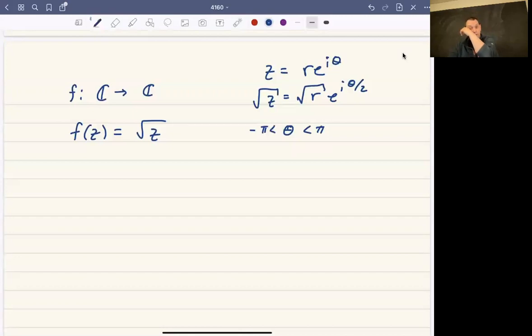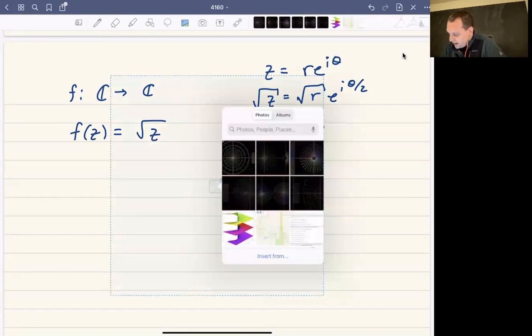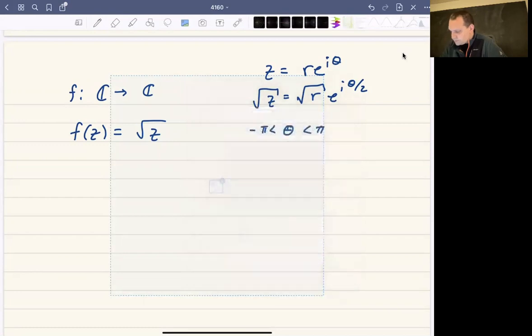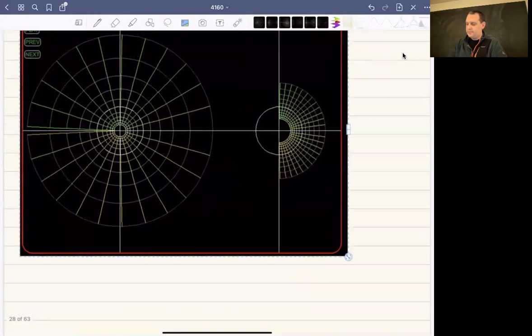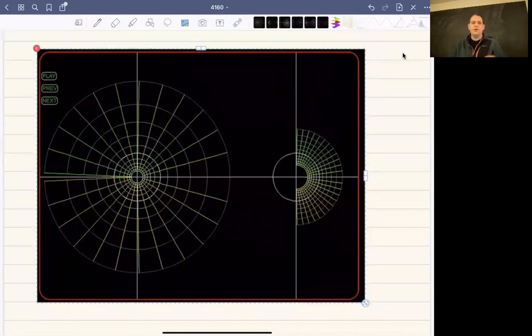And so what that means, and let's draw a picture, actually better than me drawing a picture, let me show you a picture. So these are what our outputs are going to look like. And again, this is the graph coloring method where each point gets a color, and then you can see where the colors get mapped to.